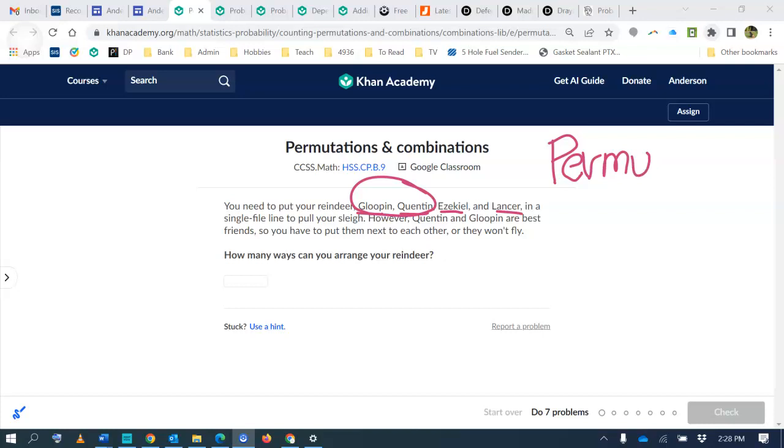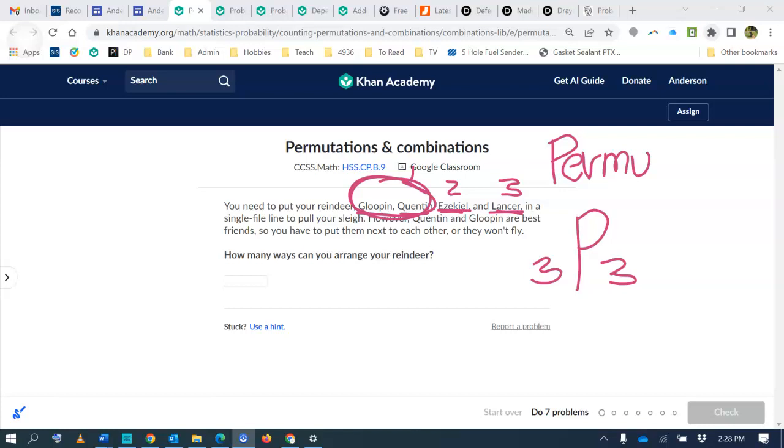And when we know Glupin and Quinton need to be next to each other, we're going to treat them as one big unit. So we have 1, 2, 3 different orders. Okay, so that means we have a permutation problem, which would be we're taking 3 options, 3 at a time. So put that into the formula.